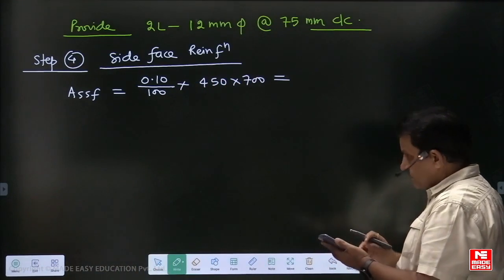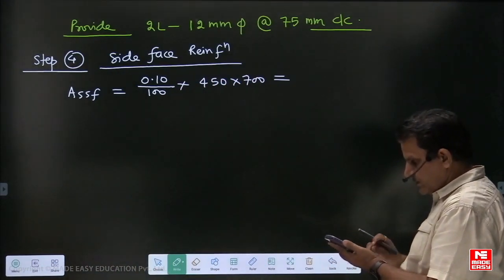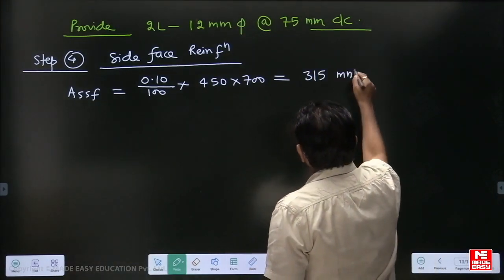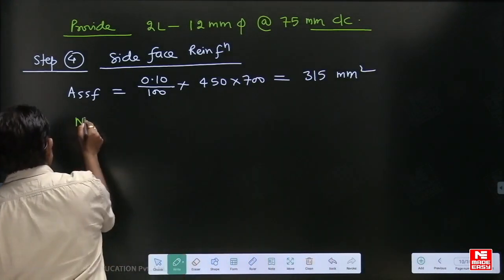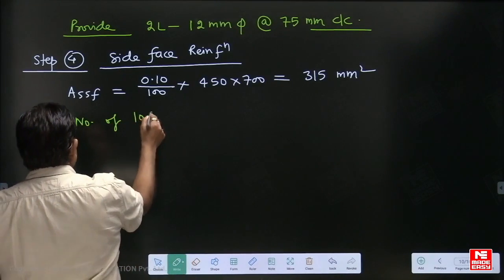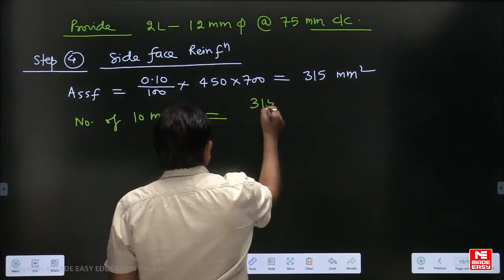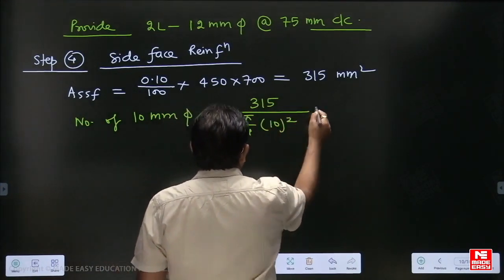So this is 0.1 into 450 into 700 by 100, 315 mm square. Suppose I decide 10 mm dia bars, then the number of 10 mm dia bars will be 315 divided by pi by 4 into 10 square.